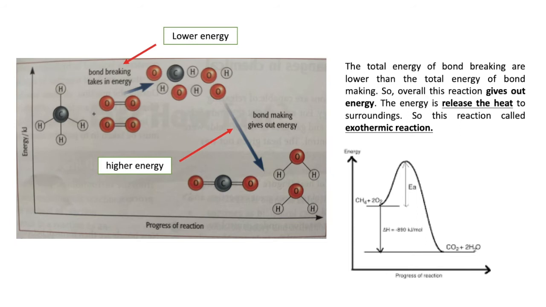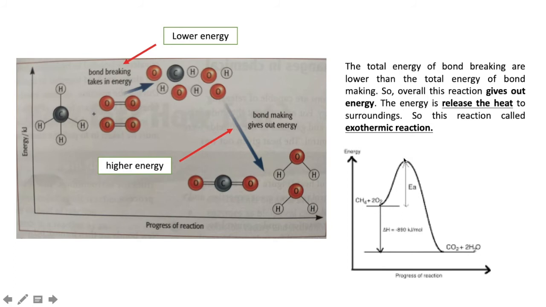So this is the graph diagram, the enthalpy profile diagram. We can see from this graph that CH4 and 2O2 need energy to react, to break the bonds. And this is the line of energy needed, of energy taken.